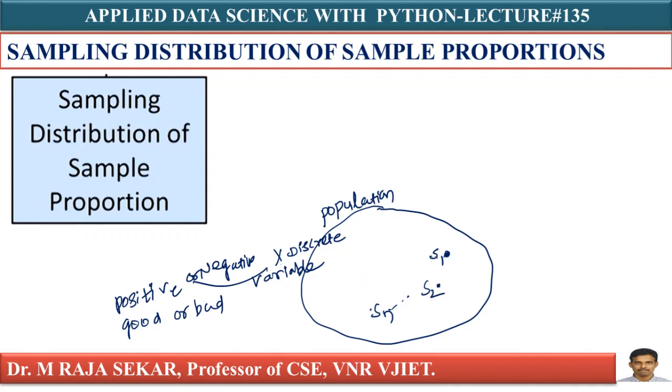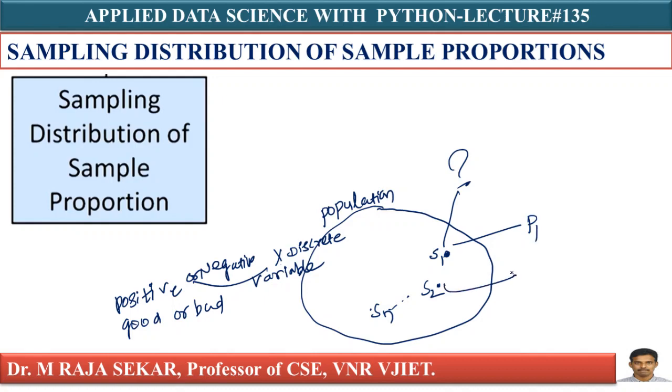Out of sample 1, S1, how many good products are there? What is the proportion of good products? That is my question. Let me call that P1.